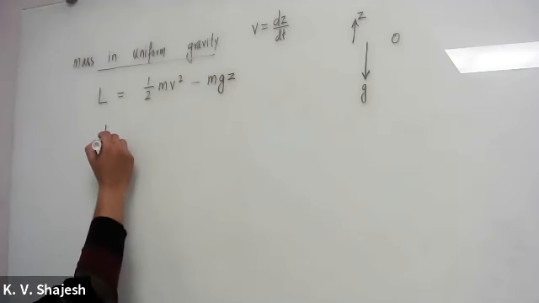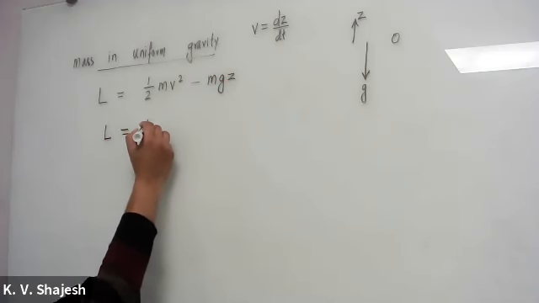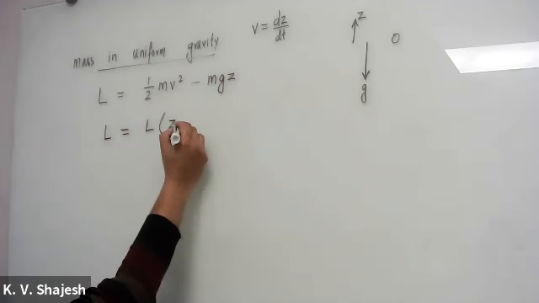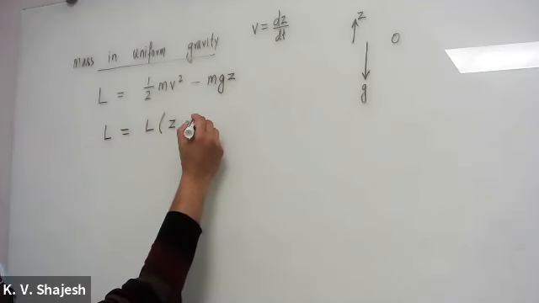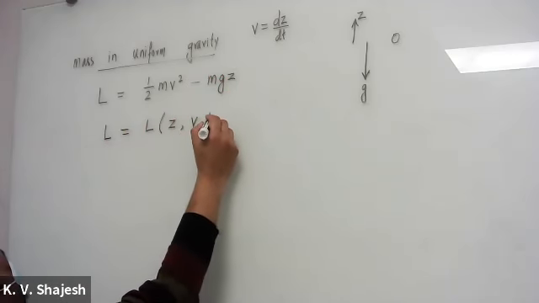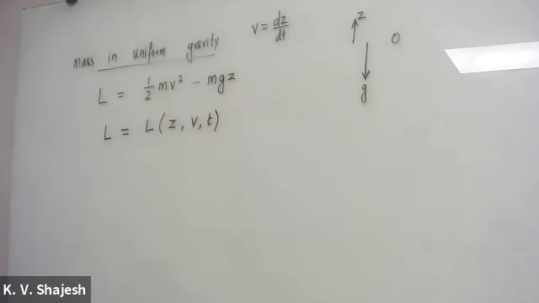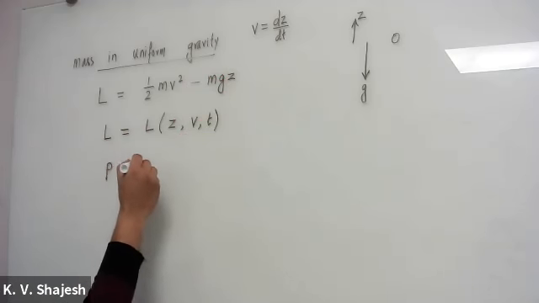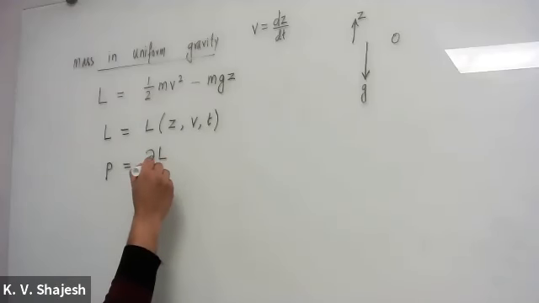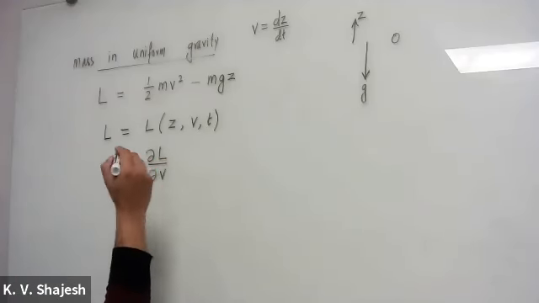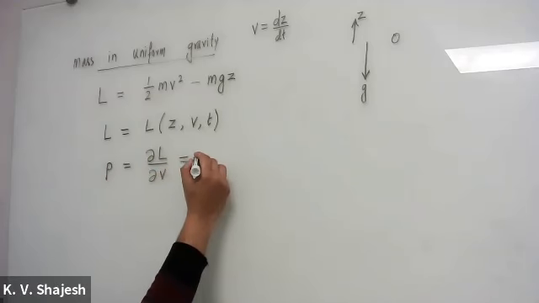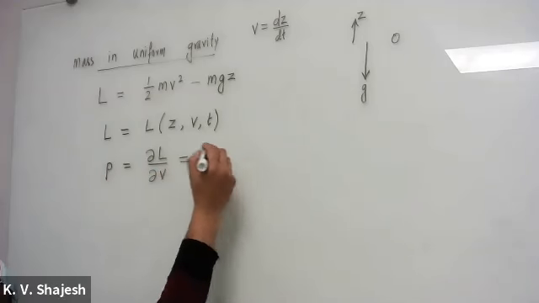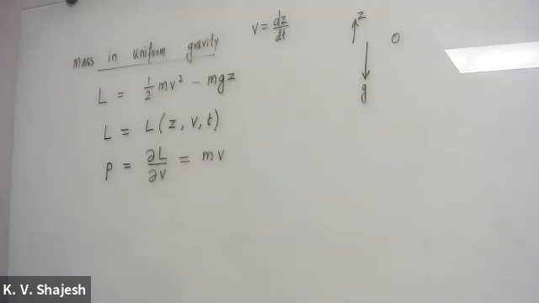What other quantities does L depend on? L depends on z as a function of time, and z dot, which is velocity as a function of time, and time t itself. What's our momentum? P is equal to the partial derivative of L with respect to velocity v. That's equal to mass times velocity. Straightforward, simple case here.